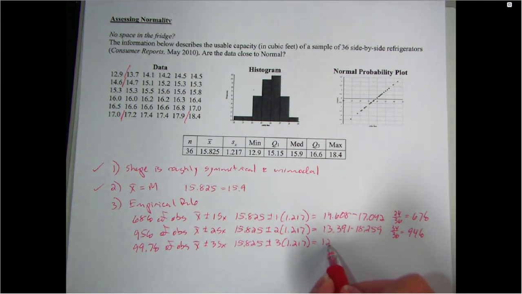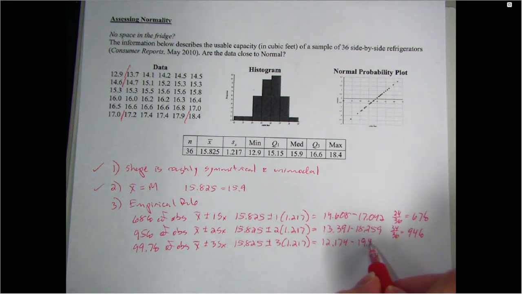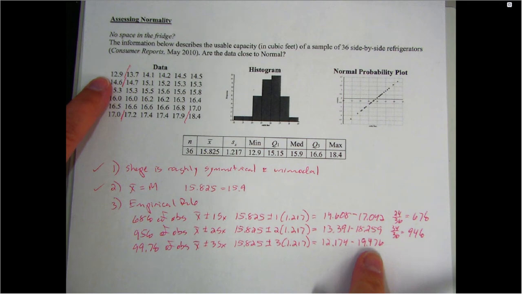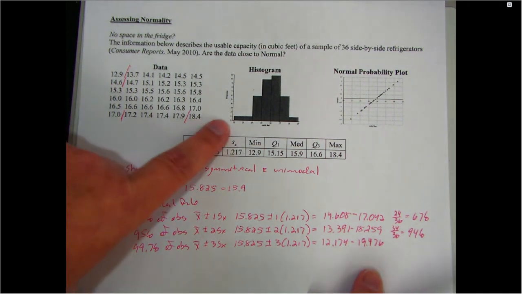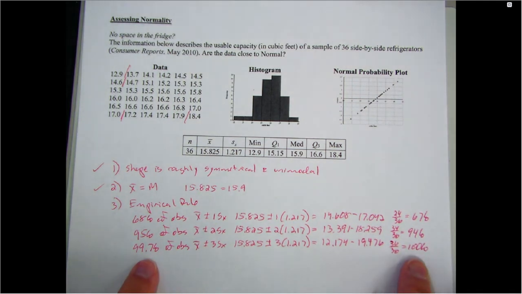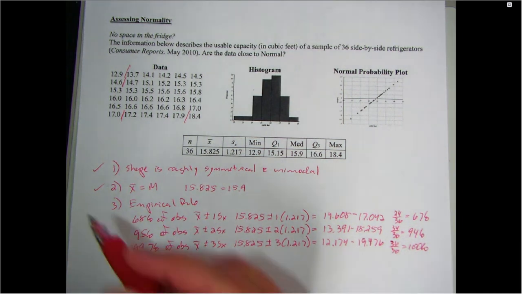Our last bit of data has to fall between 12.17 and 19.4. Well, 12.17 is out here and 19.4 is out there, so it's basically all the data. Obviously 36 over 36 is 100%, and that's pretty darn close because 99.7 is practically 100%. So I think my data follows the empirical rule pretty close.